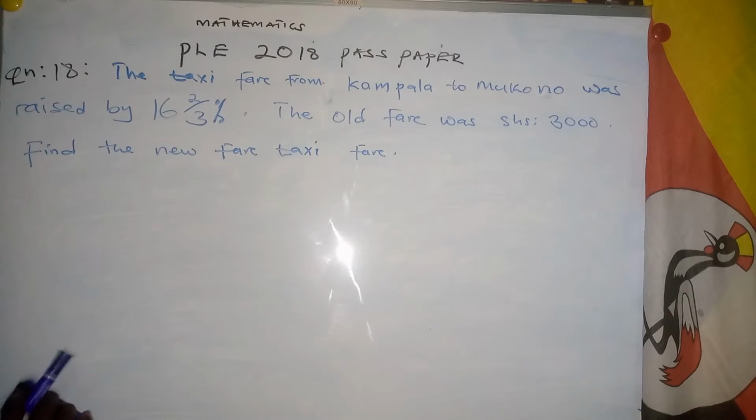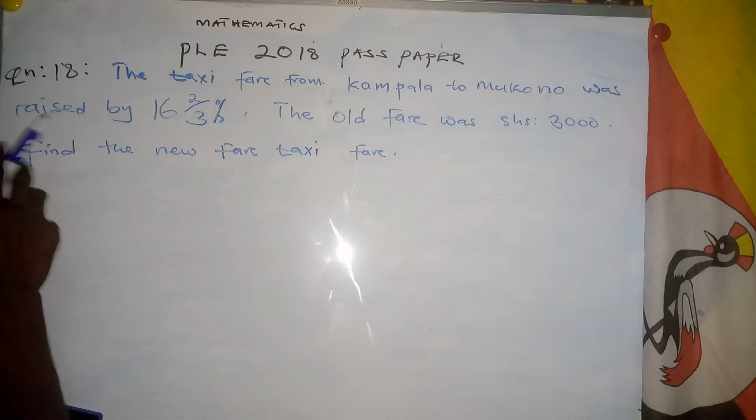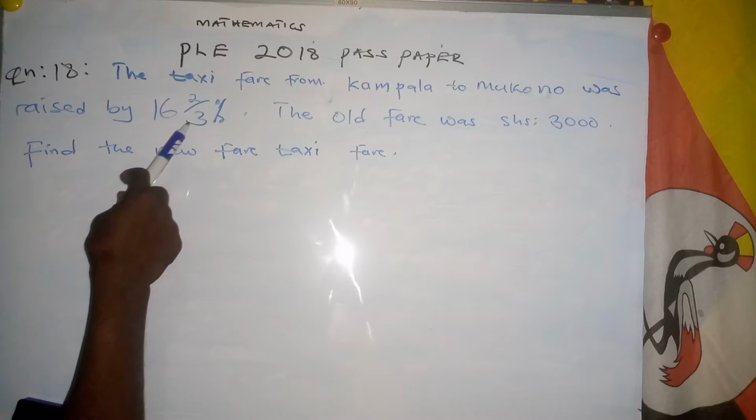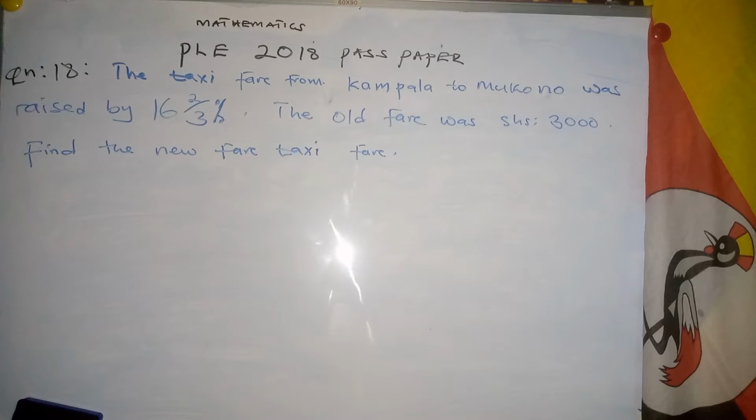This is number 18, PLE past paper number 18. The question is saying, the taxi fare from Kampala to Mukono was raised by 16 and 2 out of 3%.